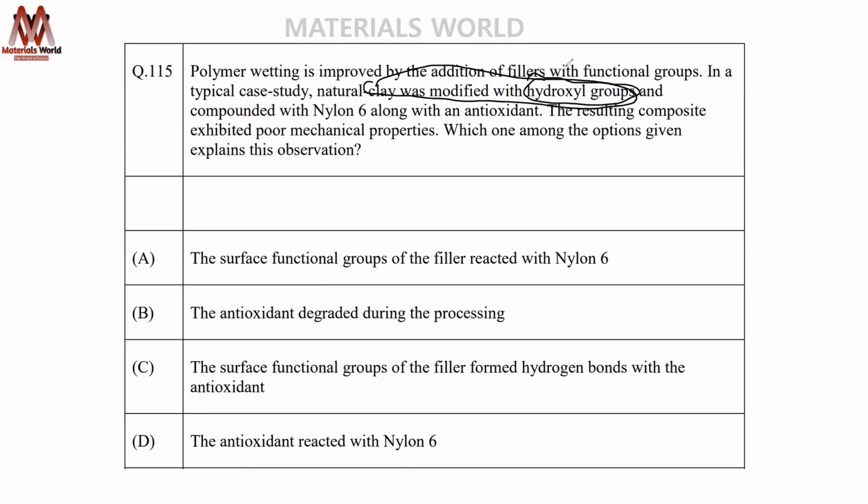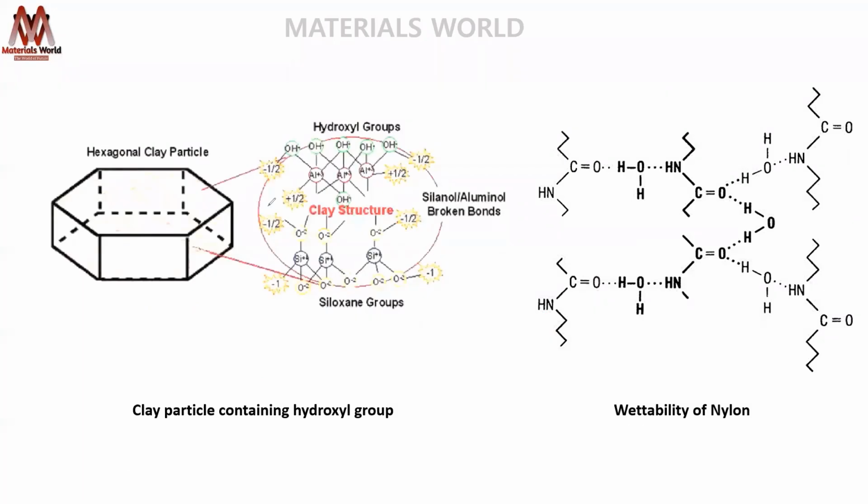So if you see the structure here, your natural clay has by default hydroxyl group. And if you're adding it to the nylon, normally what does nylon do? Your nylon has CO, that CO attaches with H2O by hydrogen bonding, as you can see here. Similarly your NH also establishes hydrogen bonding with O. This is what you normally see in your nylon.